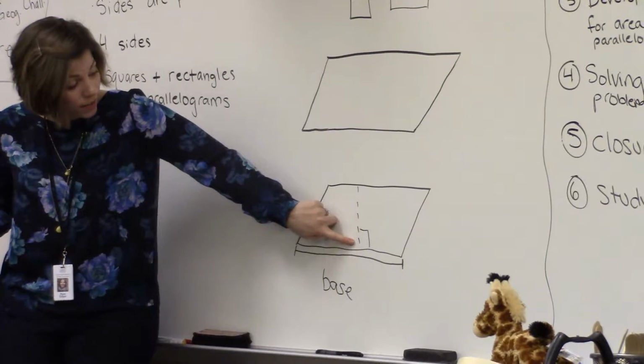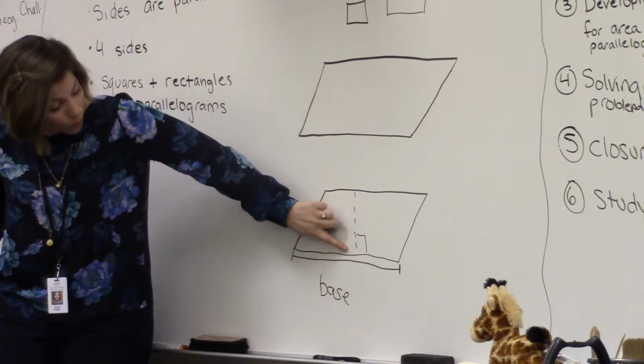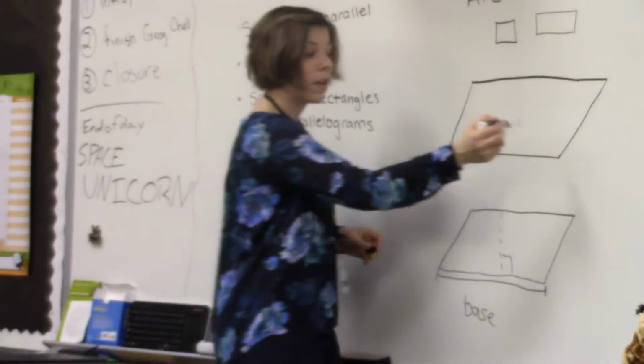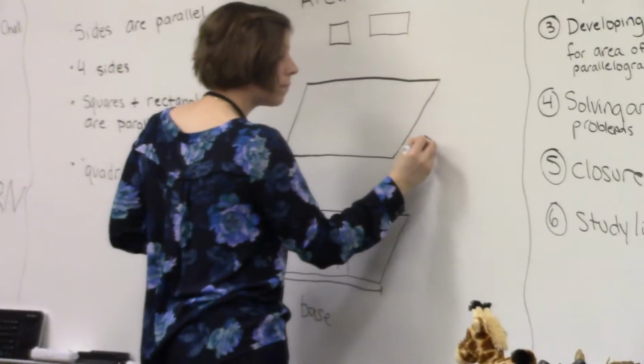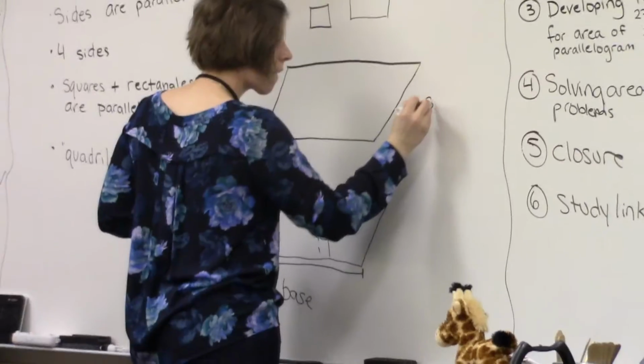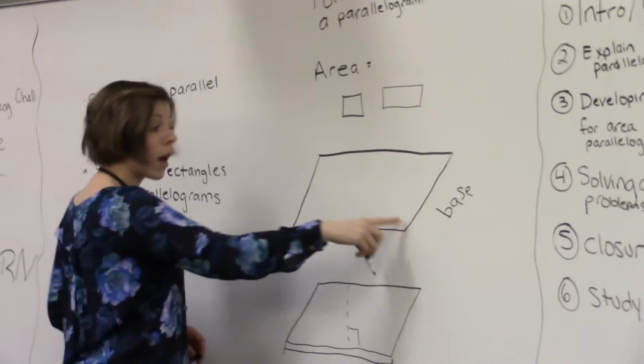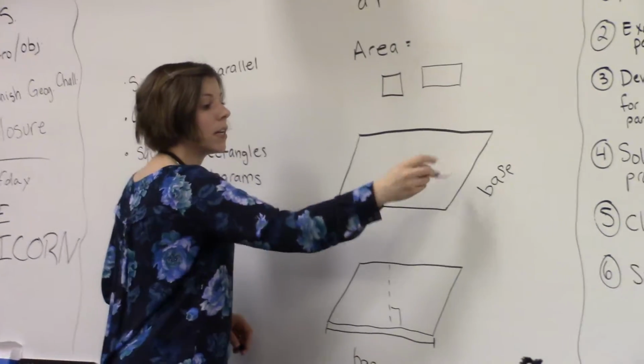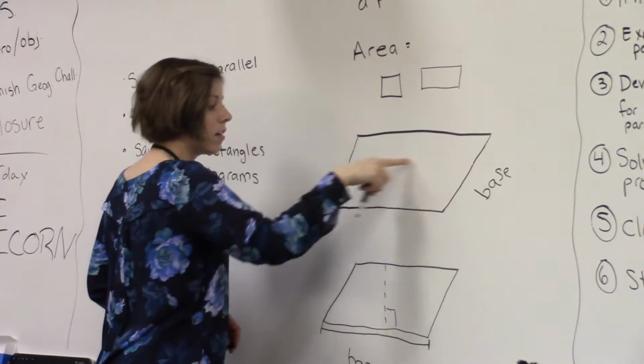Starting from the base, all the way from one side of the base to the other side, that is the same length as the base. So I can also make this my base if I wanted. So this is my base. My height is not going to be just going from here to here.